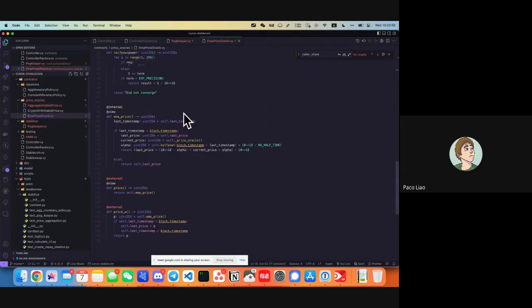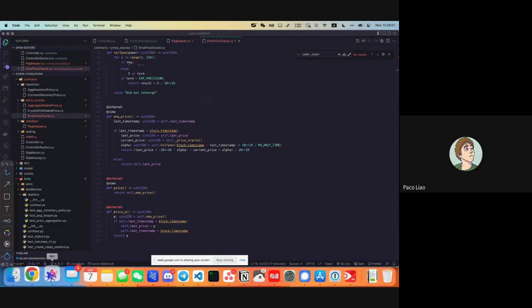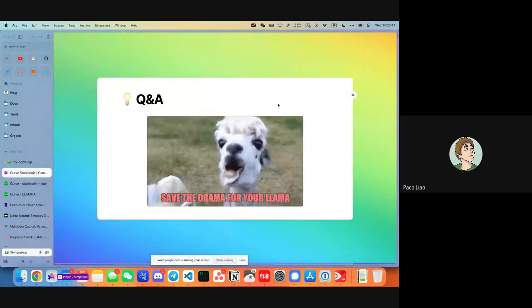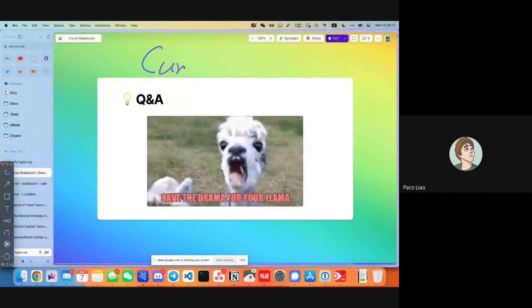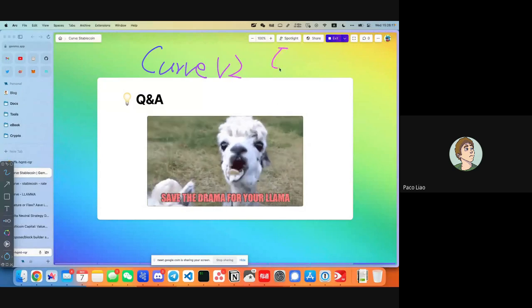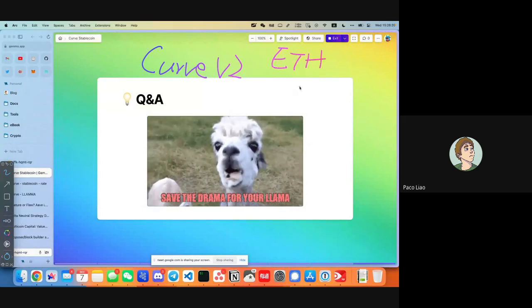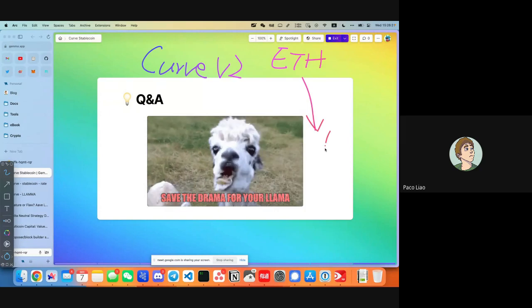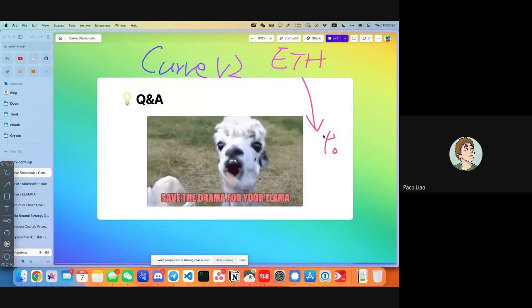And they have an EMA price oracle, a built-in price oracle contract that uses the EMA price of the external price. And I think they will not use Chainlink or something like that. They will use Curve V2 pools for ETH. So they will use this price as the oracle price of Llama.